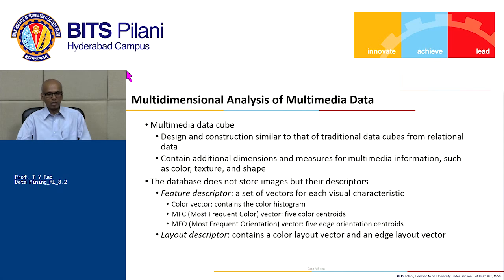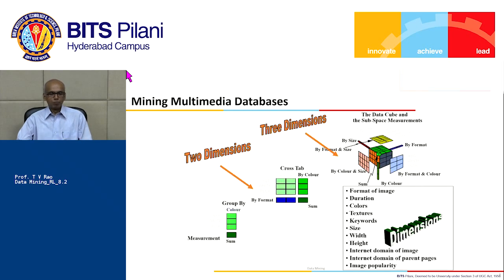multidimensional analysis. For that, we can use feature descriptors such as the color, the orientation or the layout. So various elements we can identify that represent characteristics of the image. When we do multidimensional analysis for multimedia, we may get hypercubes up to 3 dimensions.